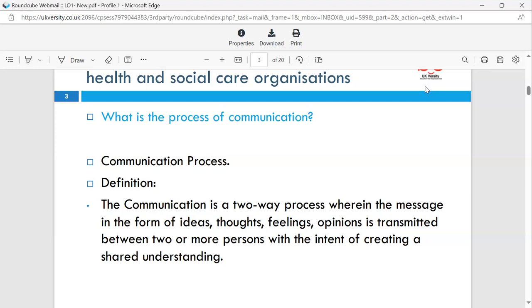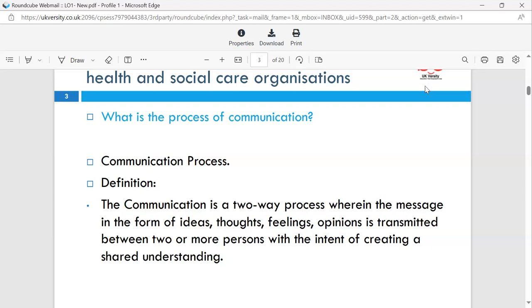Okay. So when we look at communication and why it's important when someone is giving care, if you're giving care to a person, or maybe an elderly patient, what does it enable you to establish? Good communication, what does it enable you to establish?